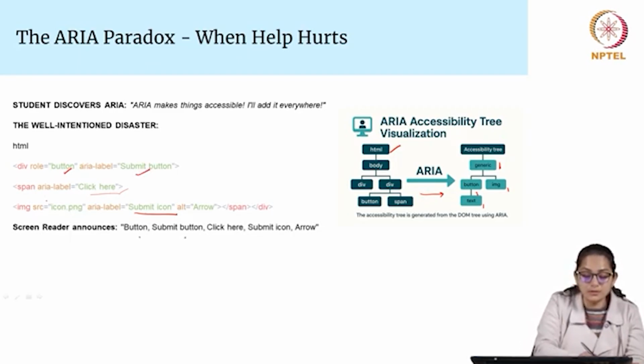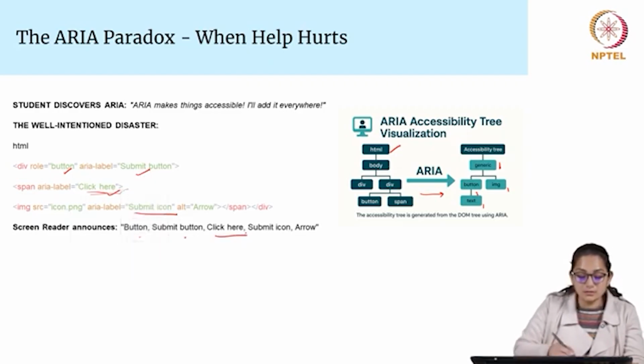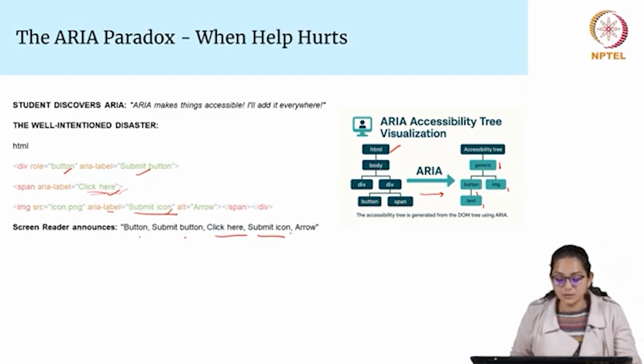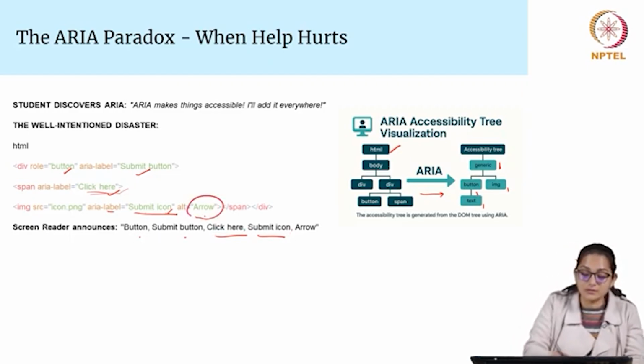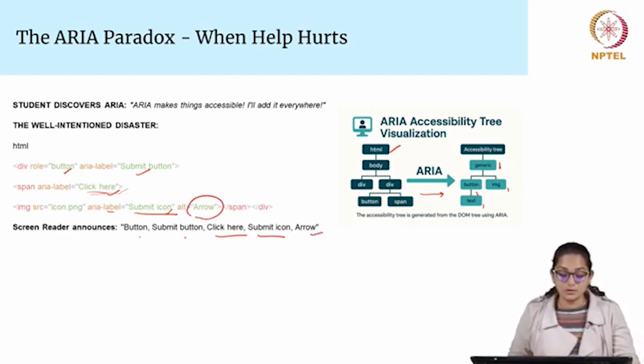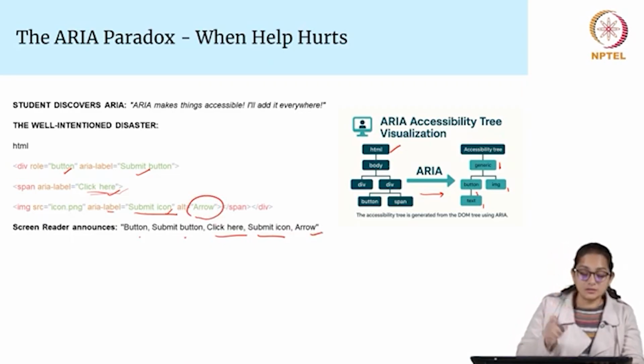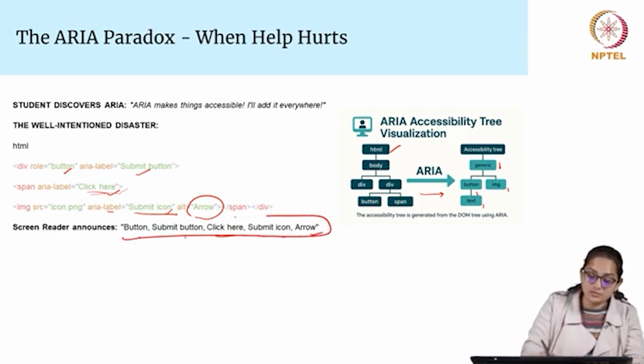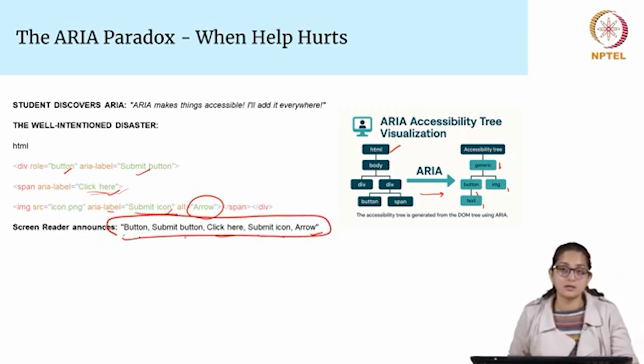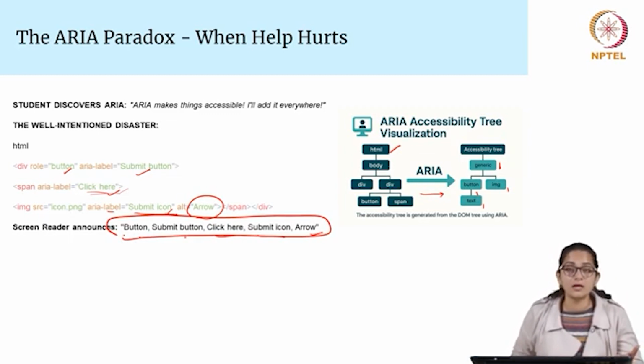submit button. Then it announces this, click here. Then it announces another ARIA label, submit, then it announces the text, which is your arrow. So for one button, it is announcing so many things because you have added too many ARIA labels.